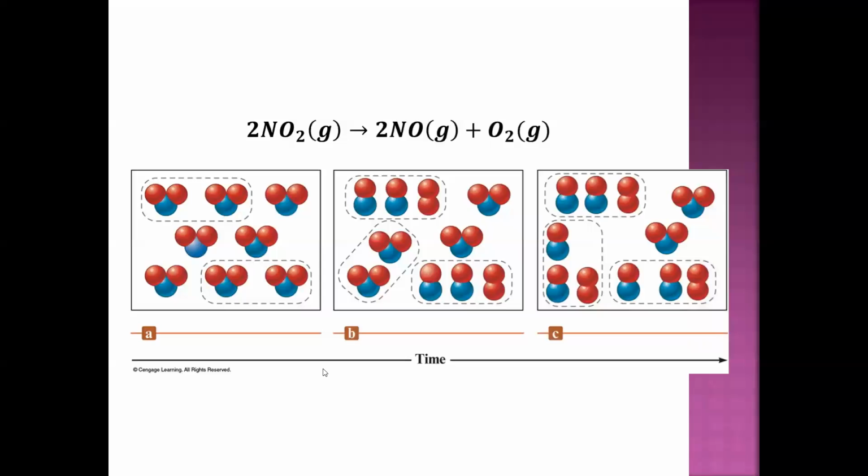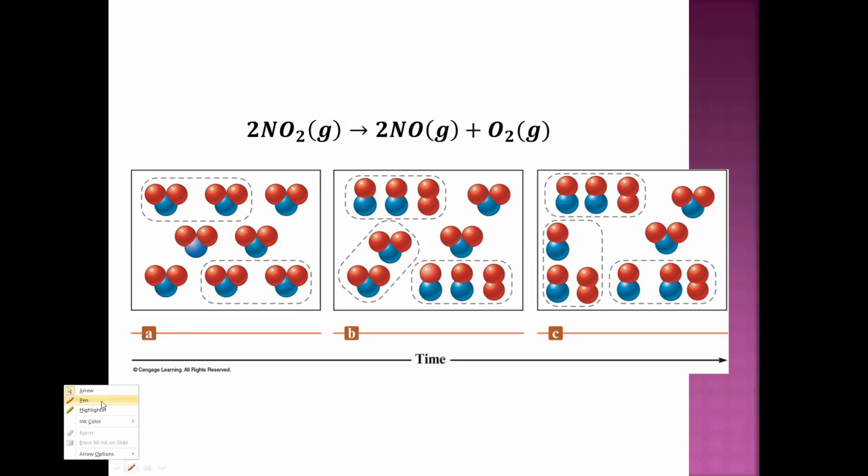So pictures A, B, and C go with this reaction over time. In models, usually oxygen is red and nitrogen is blue, hence the colors. It looks very similar to water though, doesn't it? They have them circled so that the circled spots are the reacting molecules. In A, it's only reactants at the beginning.